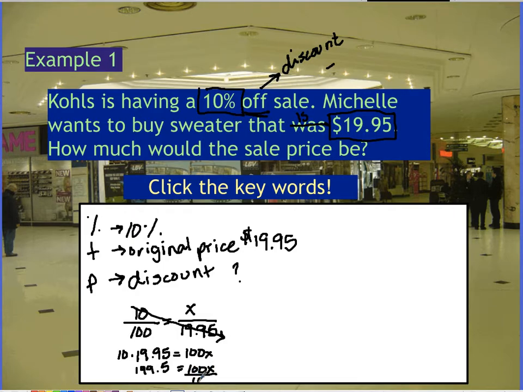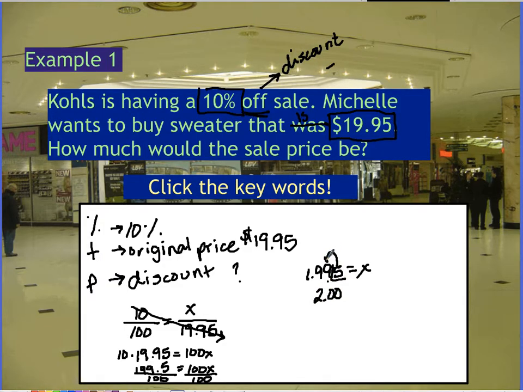I divide both sides by 100. And when I do that, I get $1.995 equals x. Well, I know that that's not going to work. So typically what a store would do is just say, okay, your discount is $1.99. So what we're going to do is work on our rounding skills and say that this would round up to $2 because we have to round to the hundredths place.